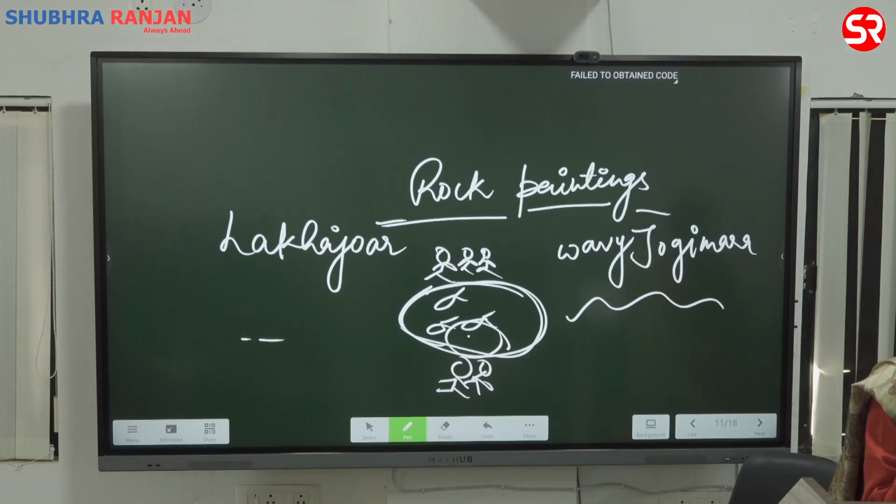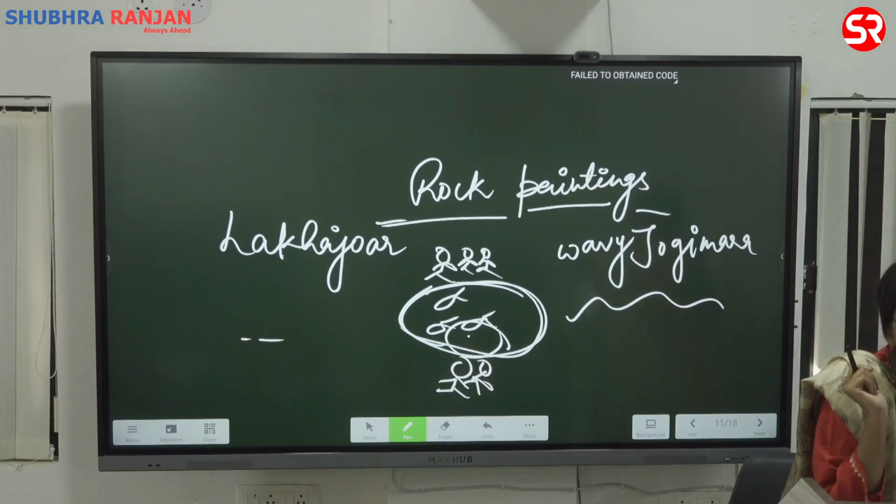Now write subject matter. What is the subject matter of these paintings? These paintings depict the lifestyle of early humans and the way they perceived the forest.